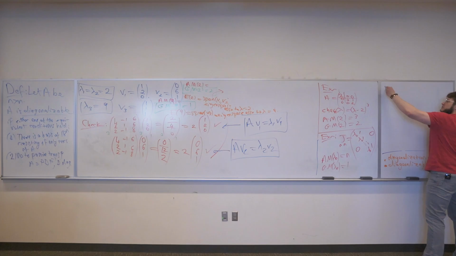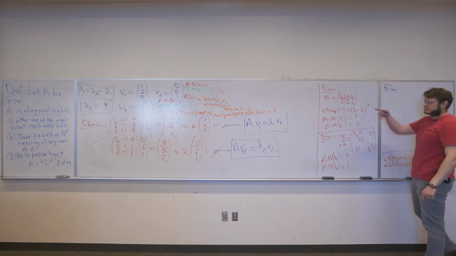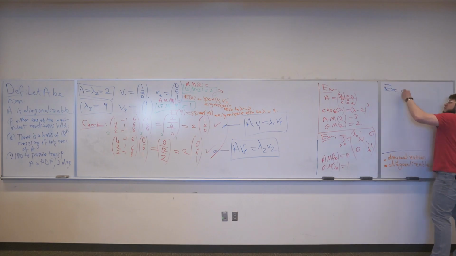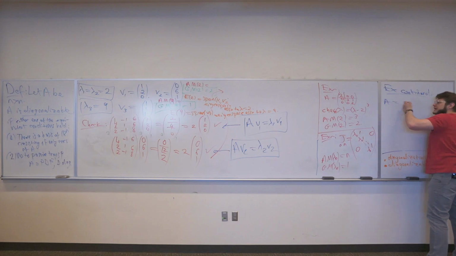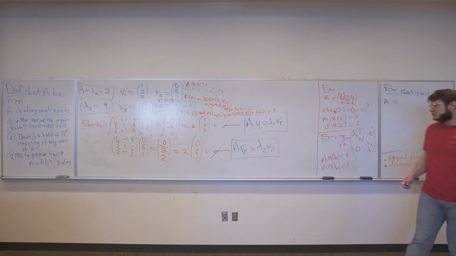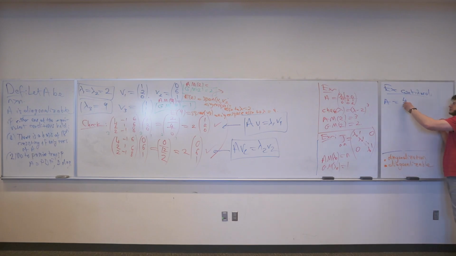So example, the previous example continued. So A was 4, 2, 2, minus 1, 1, minus 1, and then 6, 6, 8, I think. Yeah, 6, 6, 8.